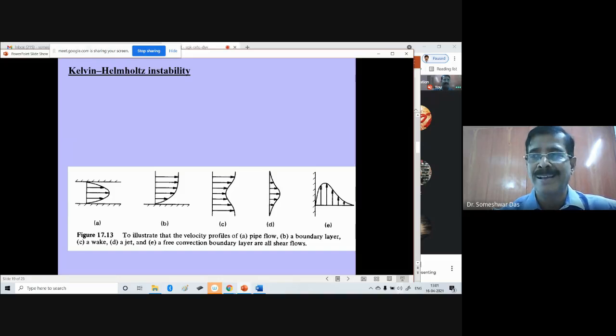It is also visible in the sky in the form of wave-structured clouds. When there is a Kelvin-Helmholtz instability present in the atmosphere, the clouds associated with it look like waves.